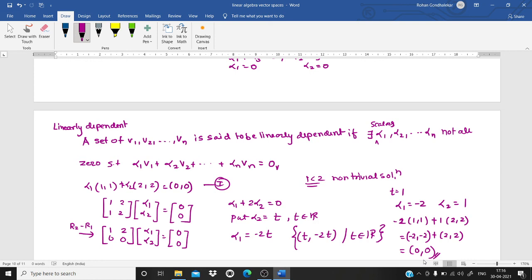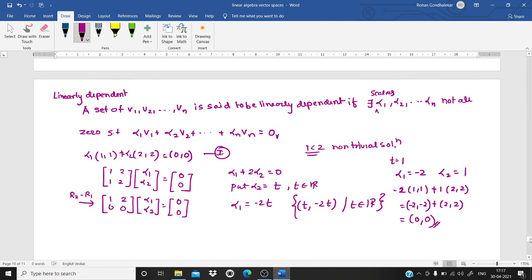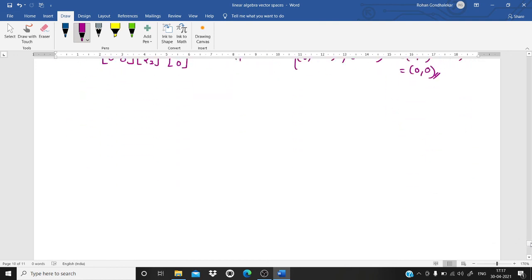Okay. Now, one more point remains with the help of this, which is the basis. So, what is a basis set? What is the basis?